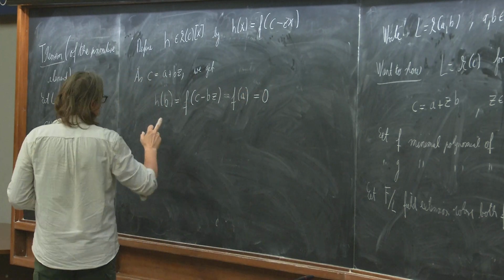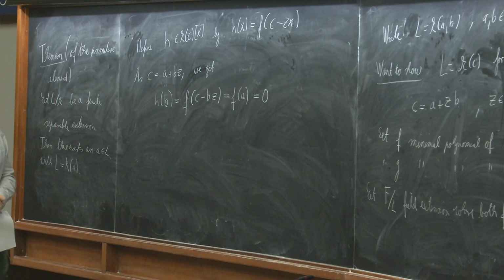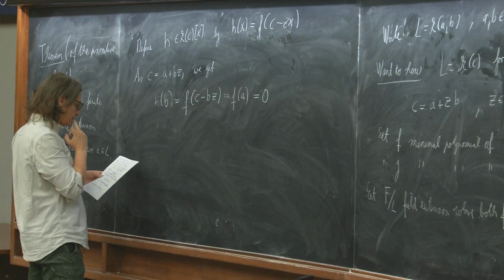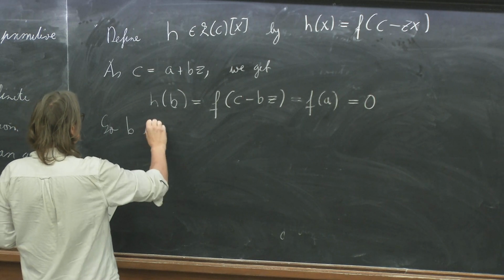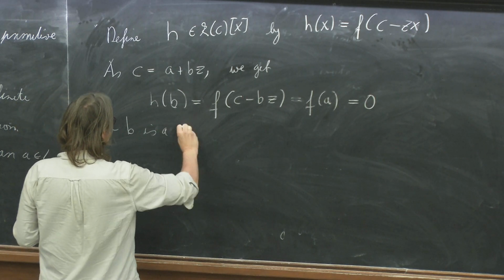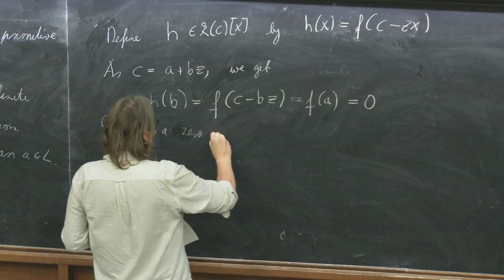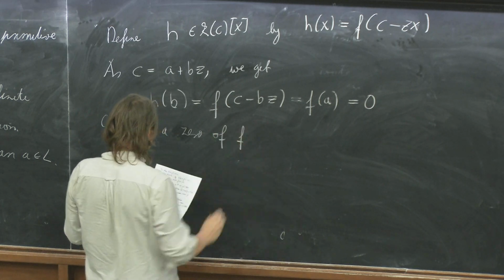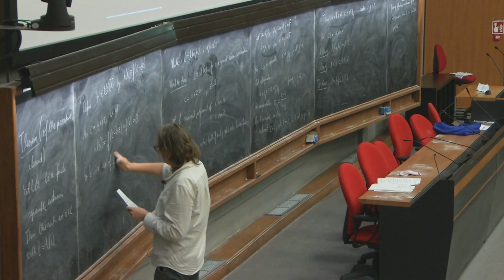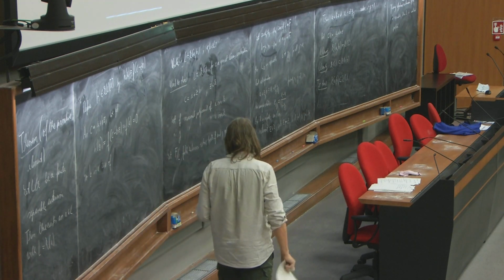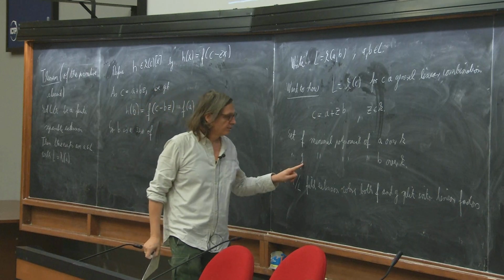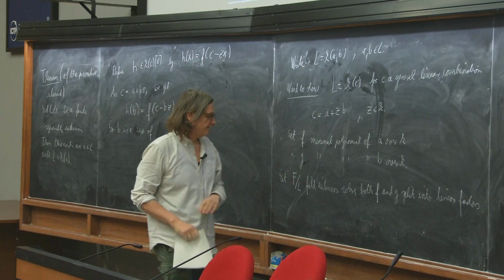So we have that b is the zero of f of ... of g. So b we know is a zero of g in F.